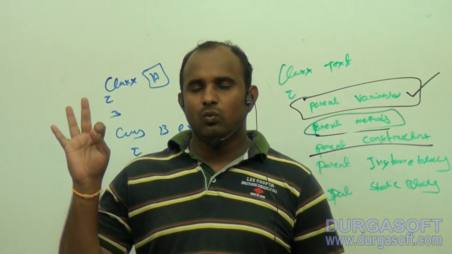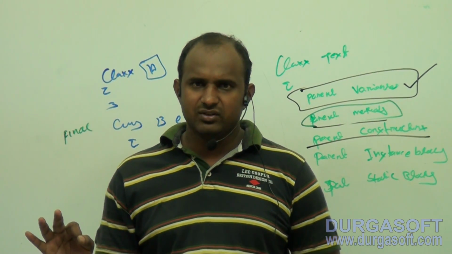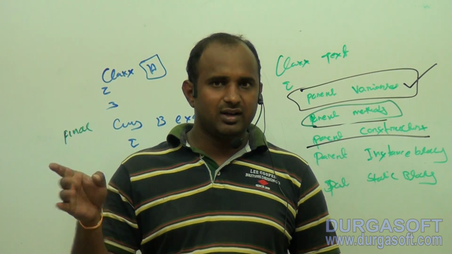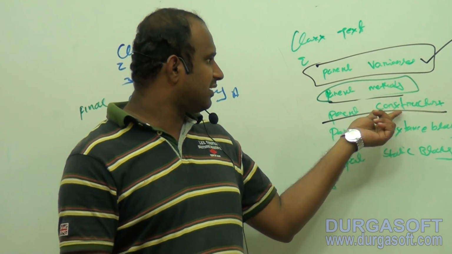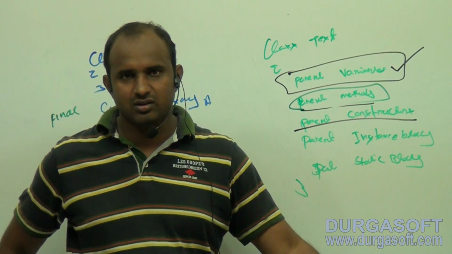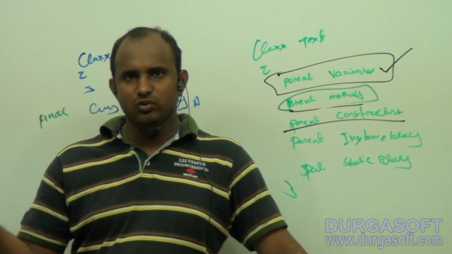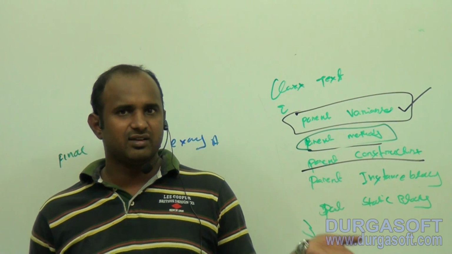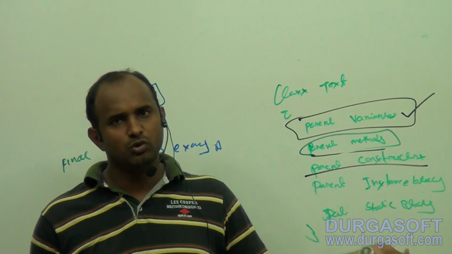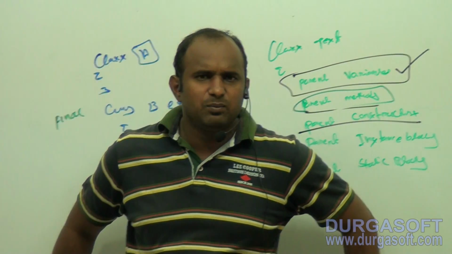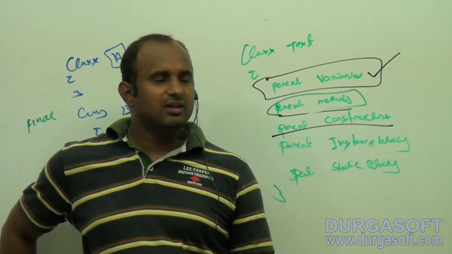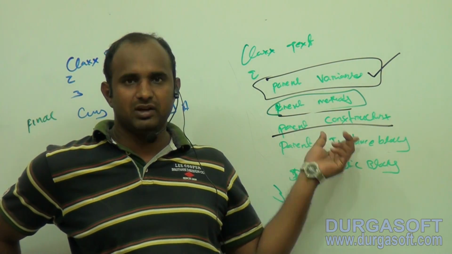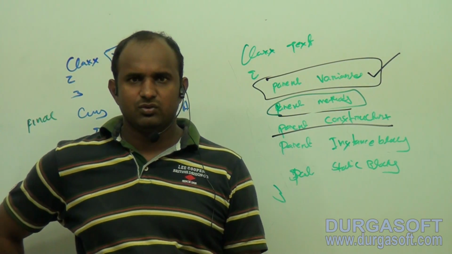Number 3, one constructor is able to call only one constructor. We completed this point at constructor level. Now here, which class constructor is it? Parent class constructor. For calling the current class constructor, use the this keyword. Obviously for parent class constructors, then use what? Super keyword. Point is clear. Current class constructor is called by using the this keyword. Parent class constructor is called by using the super keyword. So clear?